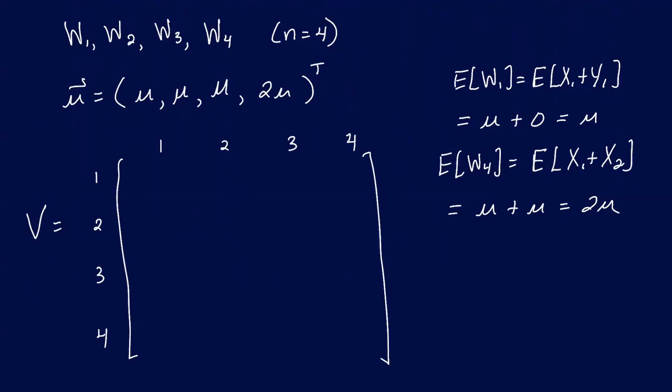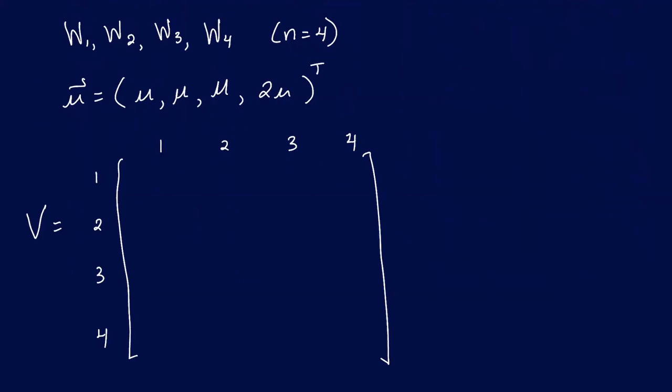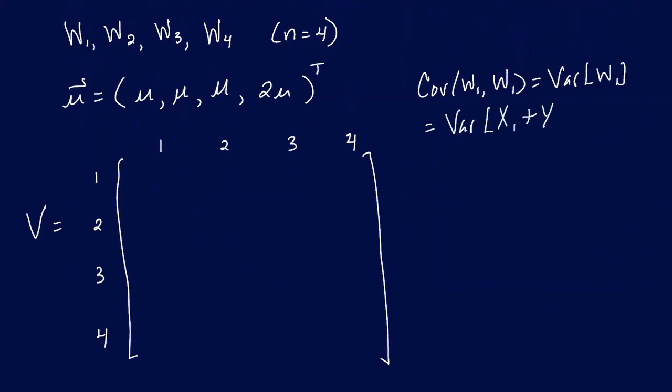And the ijth entry is going to be the covariance between Wi and Wj. So let's look at the 1, 1 entry. The covariance between W1 and W1 is the variance for W1. And we already know this, but in case you forgot, this is the variance of x1 plus y1. And because the x's and the y's are independent, this is the variance of x1 plus the variance of y1.